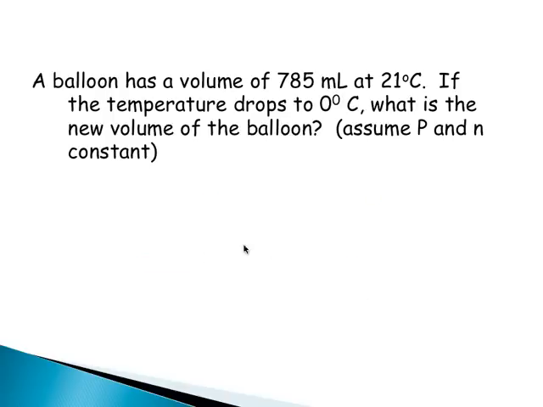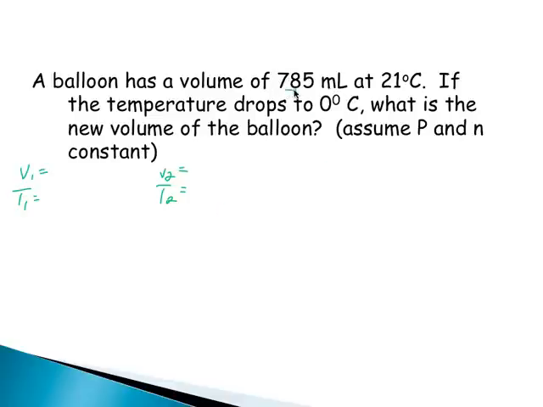We have a balloon with a volume of 785 milliliters at 21 degrees Celsius. If the temperature drops to 0 degrees Celsius, what is the new volume of the balloon? In my given, I'm going to state my volume 1 and my temperature 1, my volume 2, and my temperature at conditions in the second set.